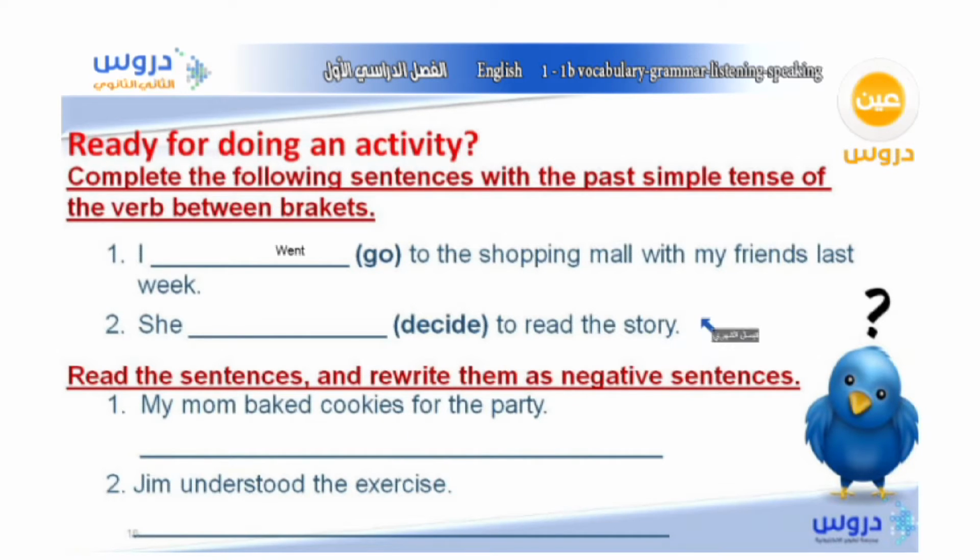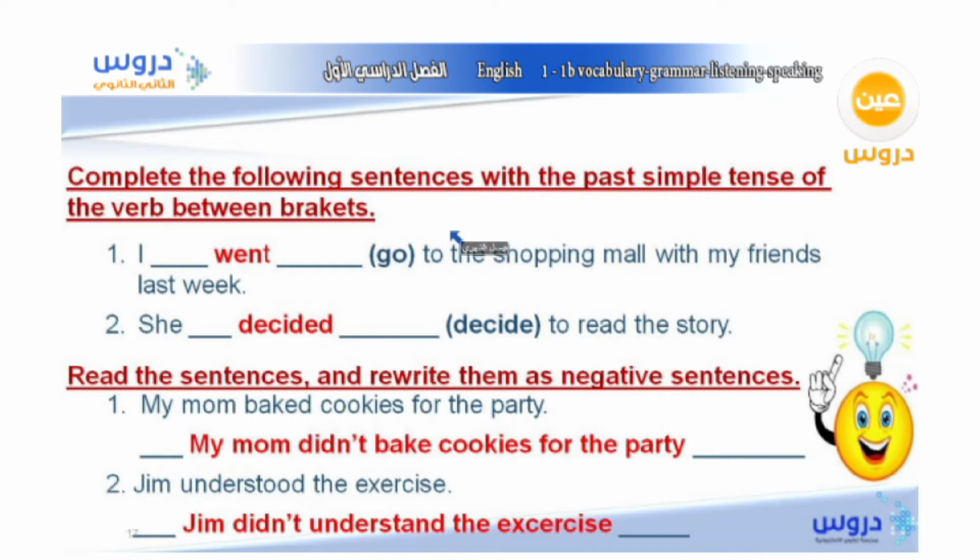When I was a child, I used to play basketball, but now I don't play basketball. Why are we saying all these things? Because we are going to talk about used to. Okay? People in Saudi Arabia used to live in tents. Okay, tents. But now they live in villas and apartments.